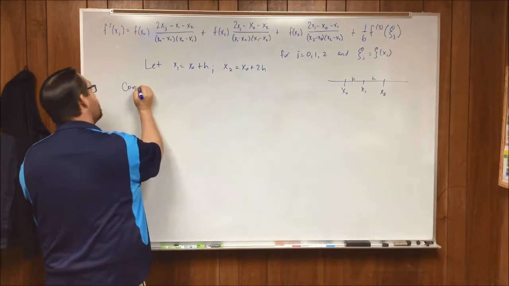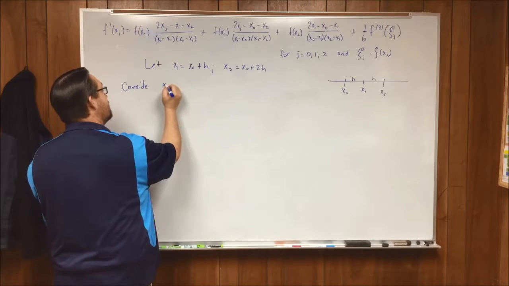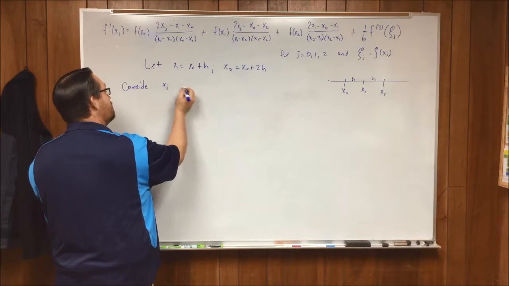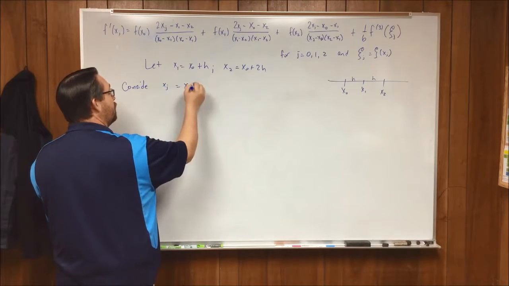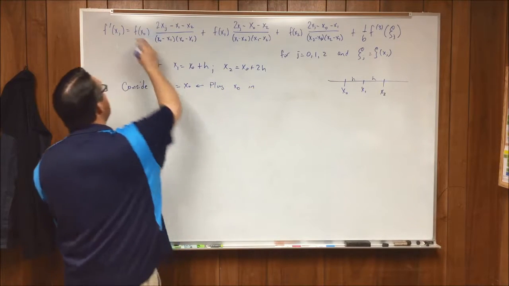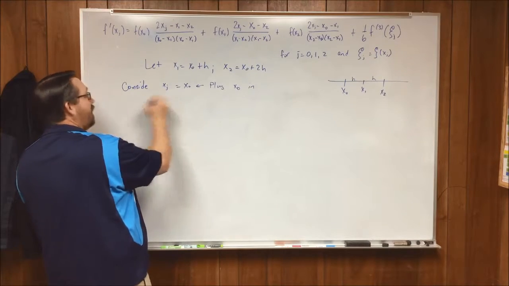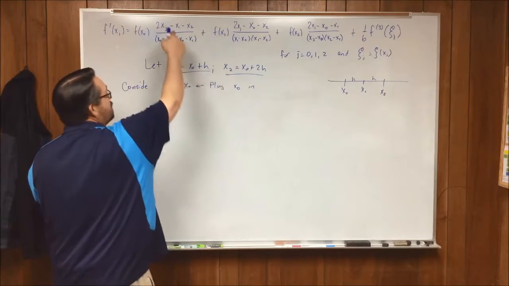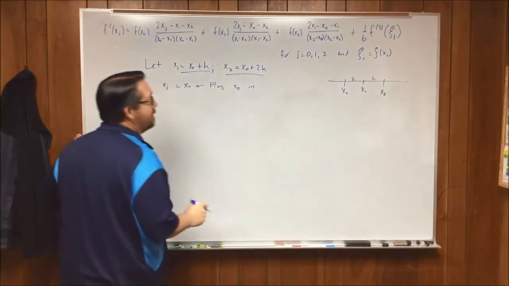So consider what happens if we let xj be x0. We plug x0 in, and plug these in as well, so all of these turn out to be things that have h's in them.